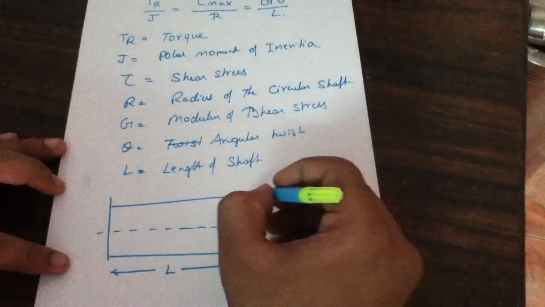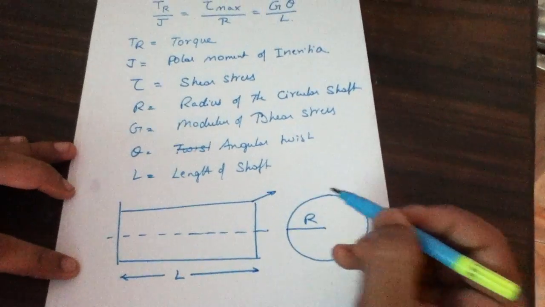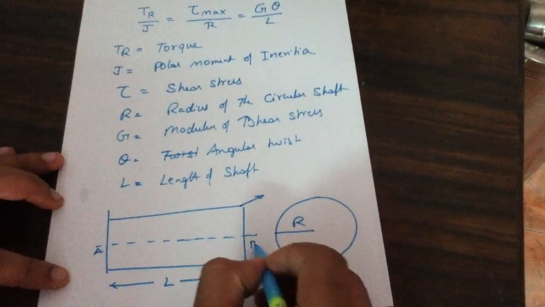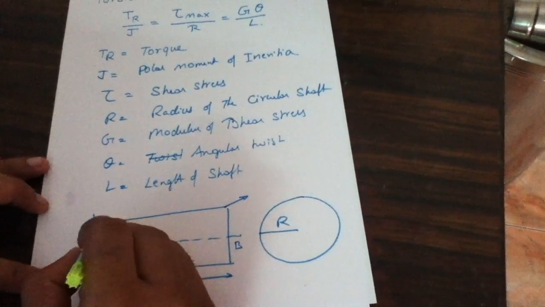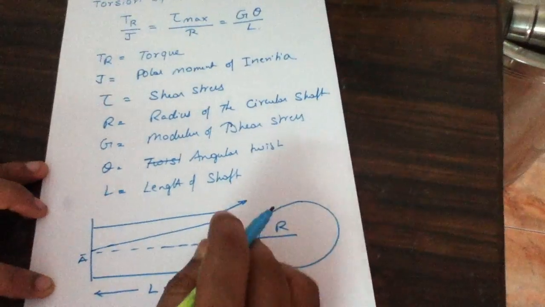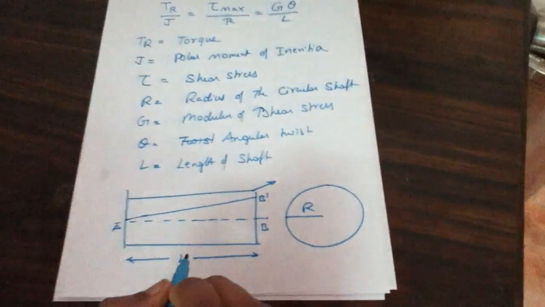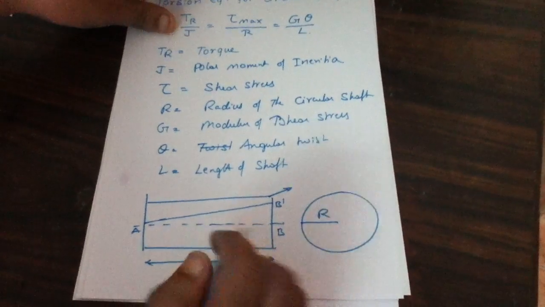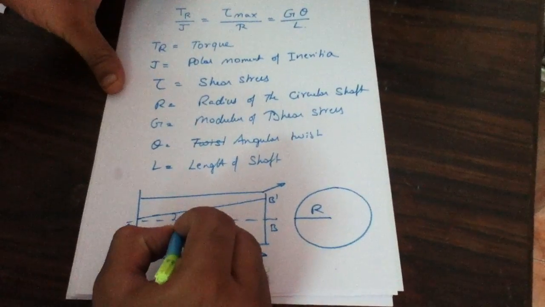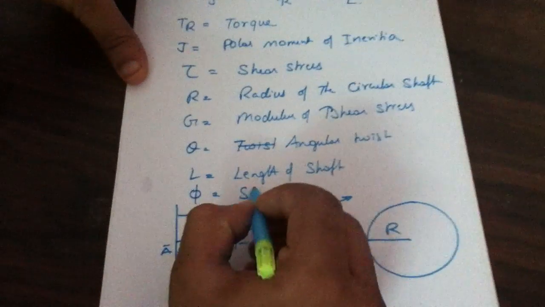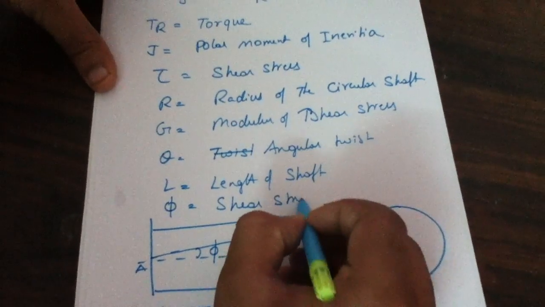Now what we do is we apply torque, twisting moment, and by this there will be a change in this longitudinal axis to a new position at the free end. This is B dash. So finally what we get is shear strain, that is phi. Phi is equal to shear strain.